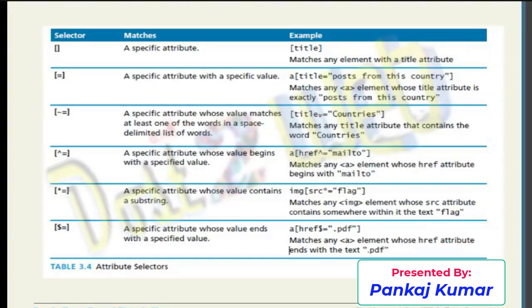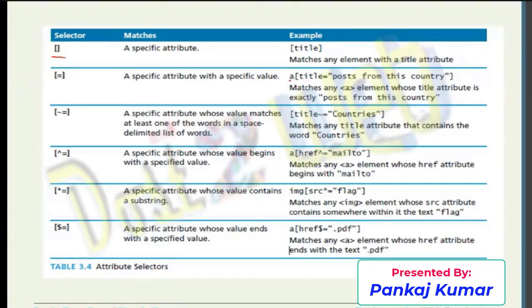Let's go through it once again. The first one, as I said, is for a specific attribute. When you define for a particular specific attribute, you use the attribute selector. You can see the square bracket with the specific attribute equal to some specific value.